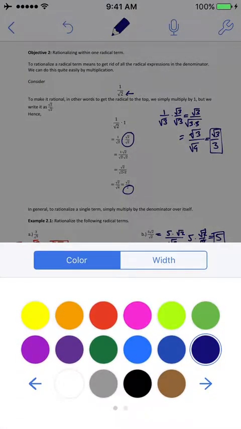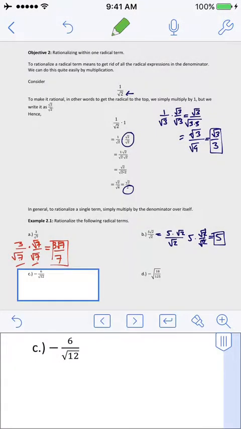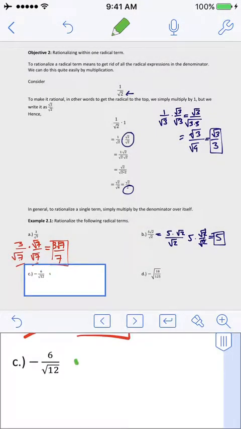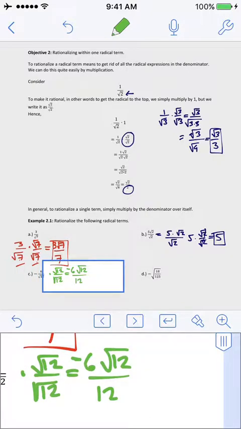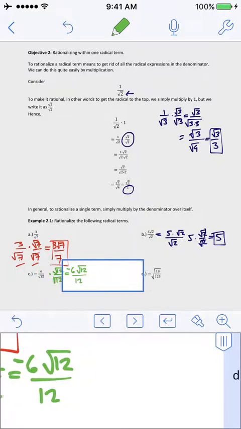Here I have negative 6 over root 12. So let's rationalize by multiplying by root 12 over root 12. We end up getting negative 6 root 12 over 12. Let's see if we can simplify this root 12 a little bit.